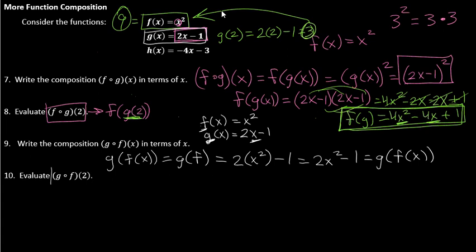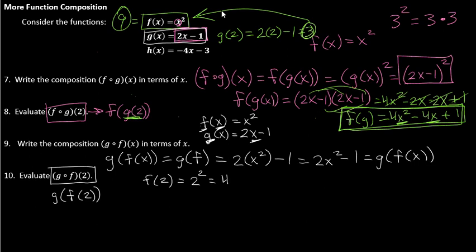Okay, so same idea as before. Evaluate g of f of 2. And again, this is g of f of 2. So there's two ways to do this. I can plug in 2 here into f, so f of 2 equals x squared, which is 4.